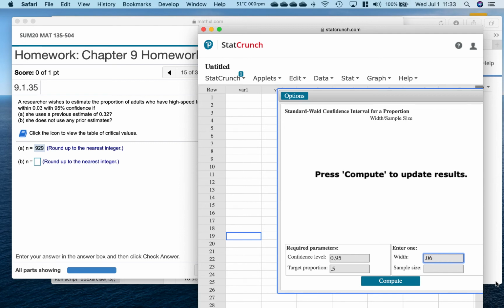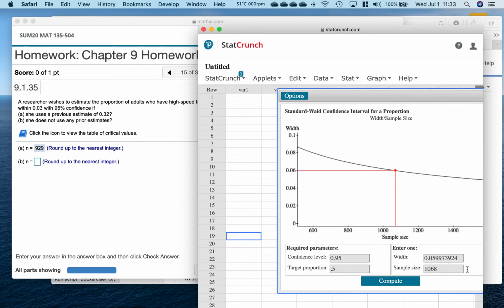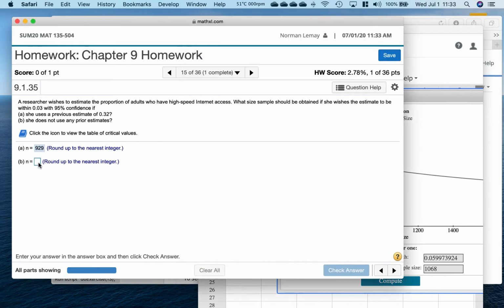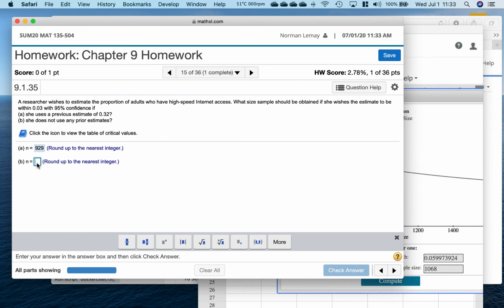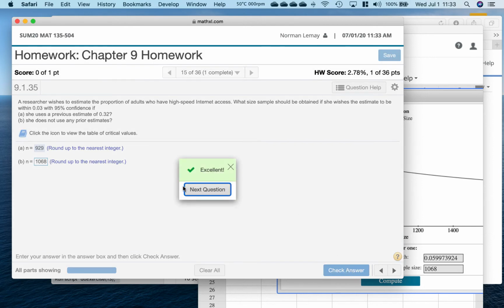Again, this is really weird on how they want to do this. Then click compute, and without the prior estimate, it's 1068. We type 1068, check the answer, and boom, there is our green box.